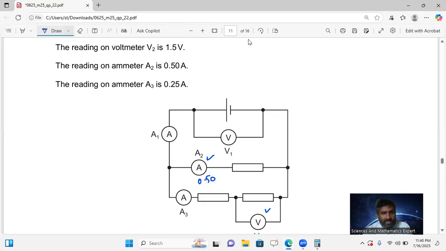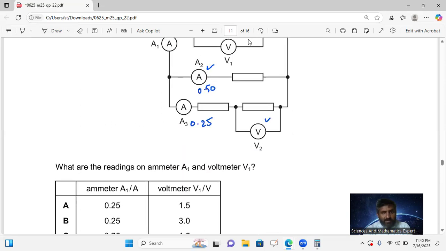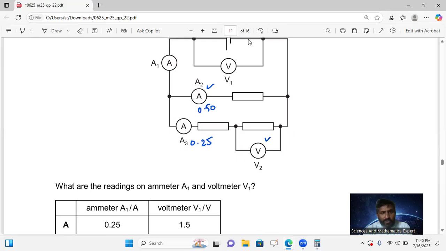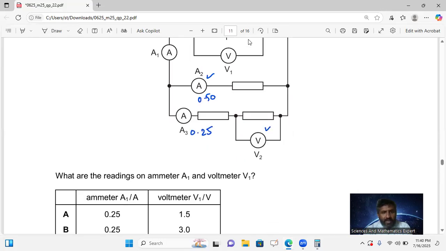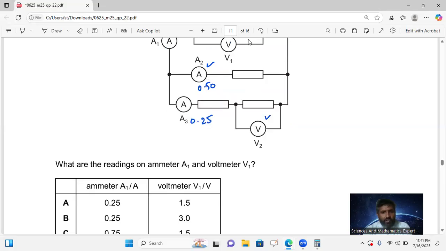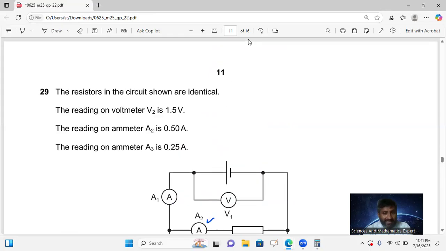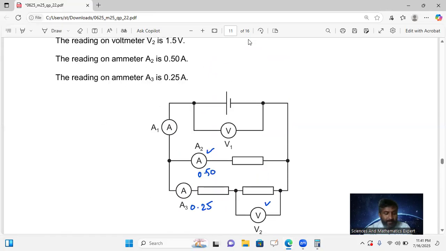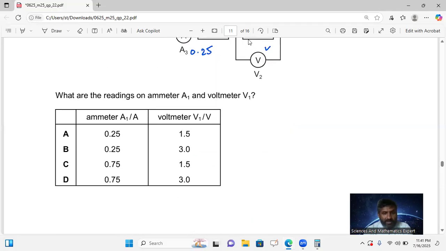Here the reading is 0.25. What is the reading on ammeter A1? Both currents should be added, giving 0.75, and the voltage 1.5 should be added with 1.5. As all of these are identical resistors, the current is 0.75 and the total voltage sum is 3.